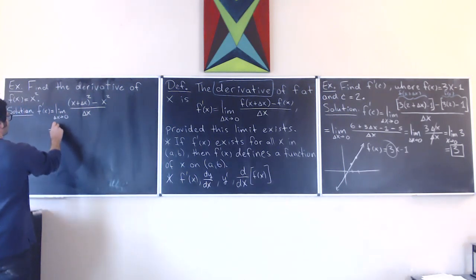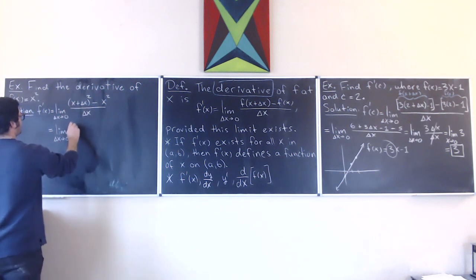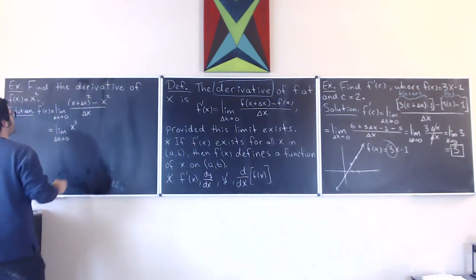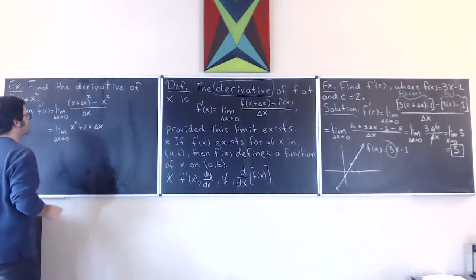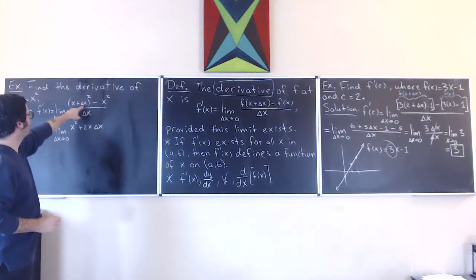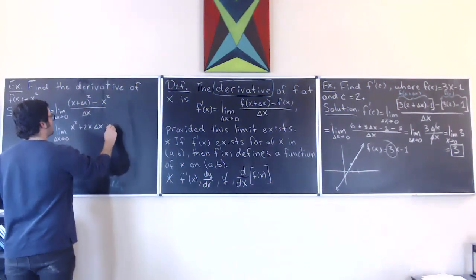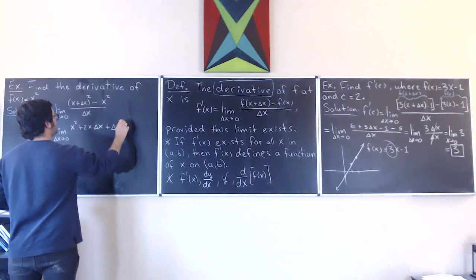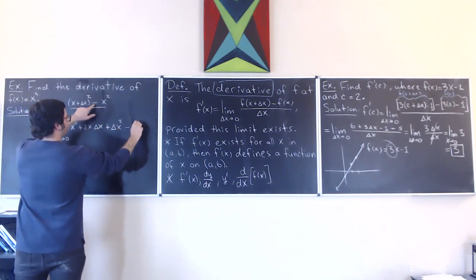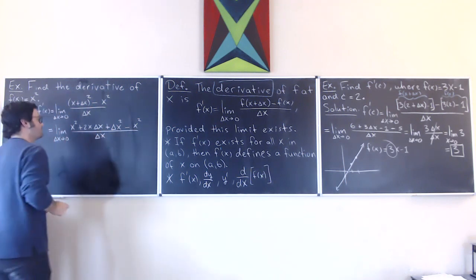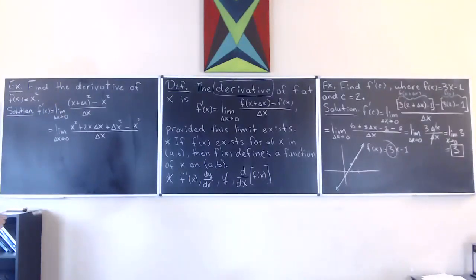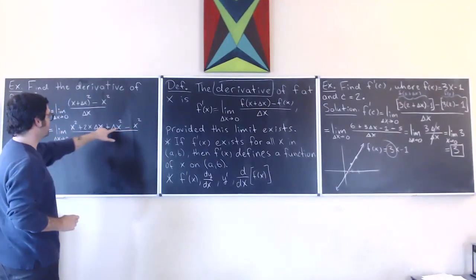So this will be x squared, and then plus 2x delta x, right? x times x and x times that, and then finally delta x squared, and then we have that minus x squared term there, and then this is all over the change in x. So then we see x squared minus x squared, we're just left with these terms here.